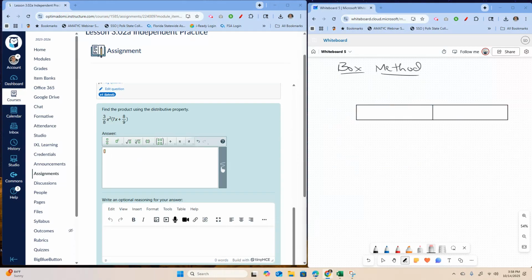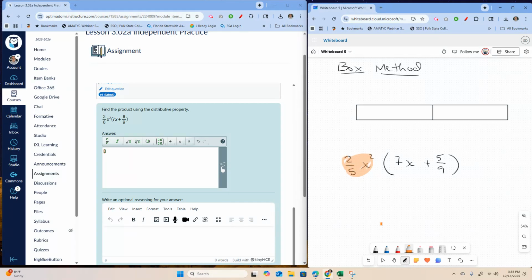So problem number 5, we have this multiplication. We have fractions. I'm going to change the numbers. So 2/5 x squared times 7x plus 5/9. And what you're going to do is you're going to take this out here.